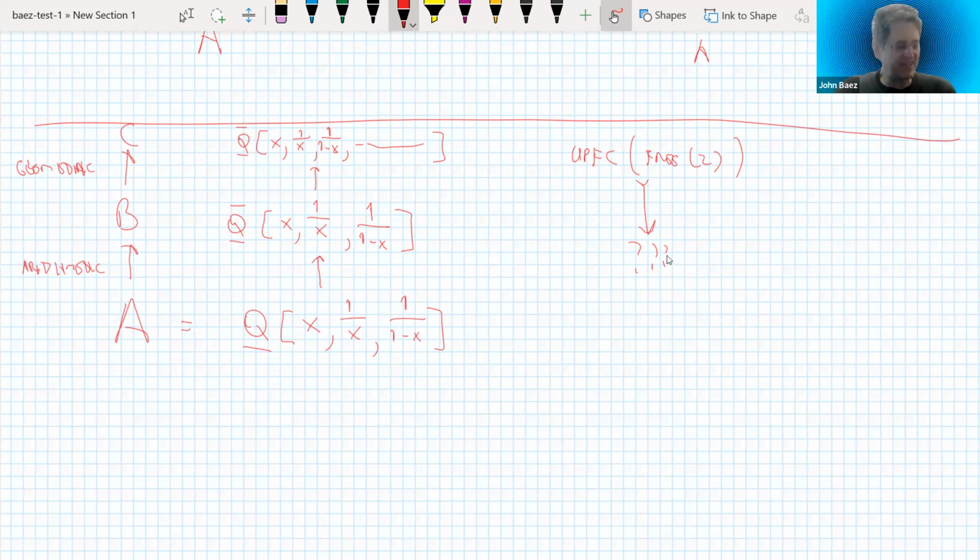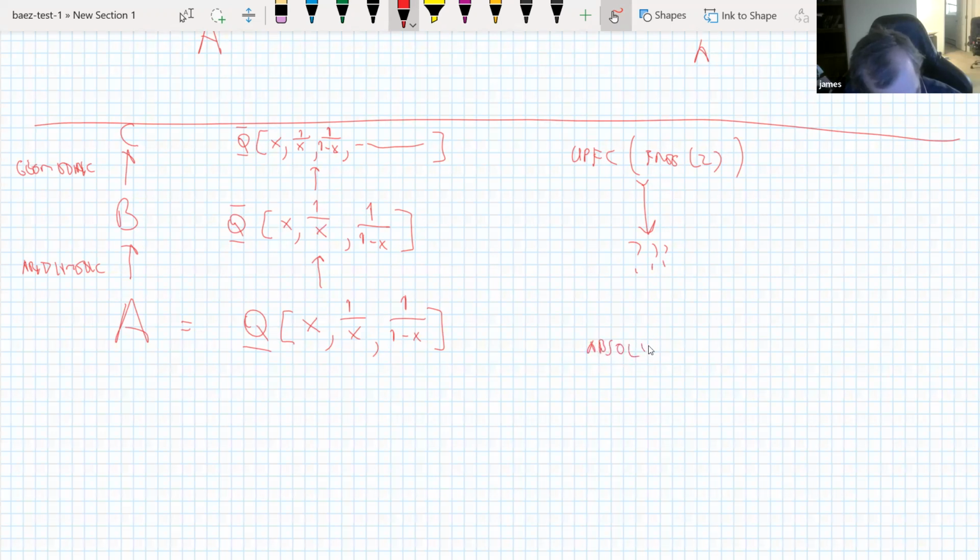I don't know. What's the third one called? The third one is called the absolute Galois group, the absolute Galois group over the rationals.